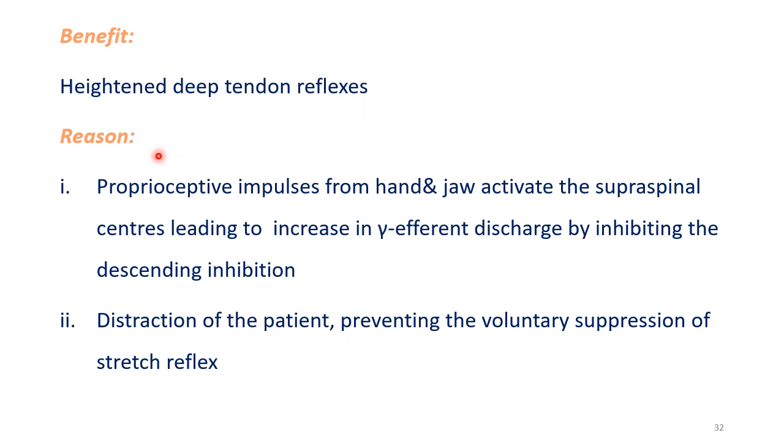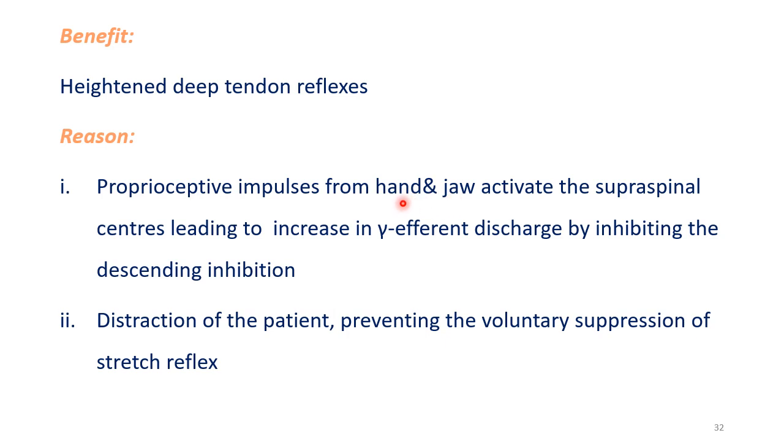There are multiple reasons given for this heightened deep tendon reflexes. One of the most probable and appropriate reasons is the proprioceptive impulses from your hand and jaw. What you are doing? You have interlocked your hand, you have clenched your jaw.